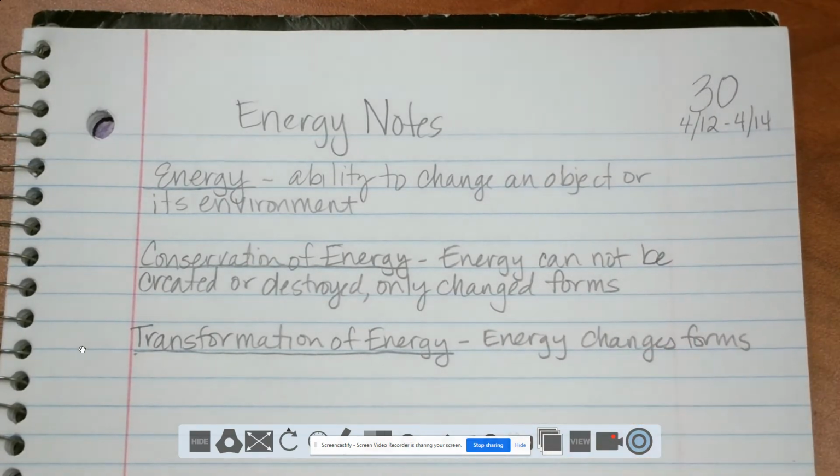It might go from potential to kinetic energy, or even more specifically, from gravitational potential energy, like water in a dam, turned into mechanical kinetic energy as it spins the turbines, and then transformed into electrical energy, which we use as electricity. So those are transformations of energy.